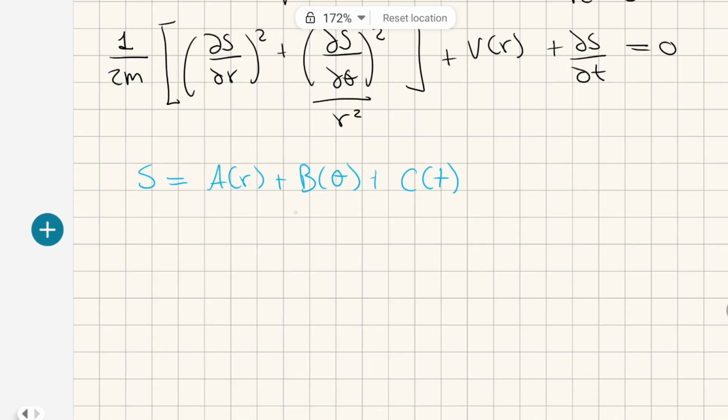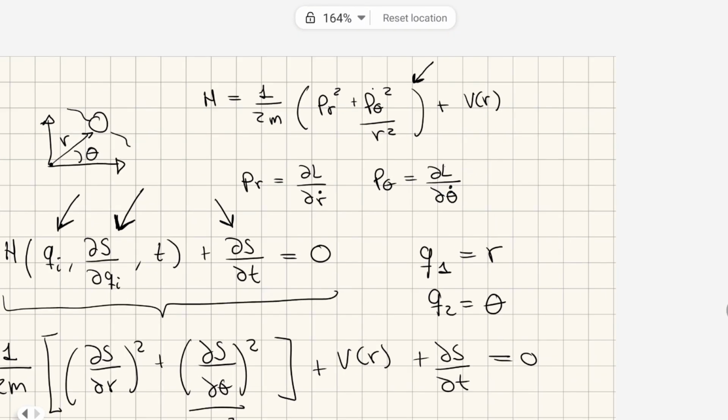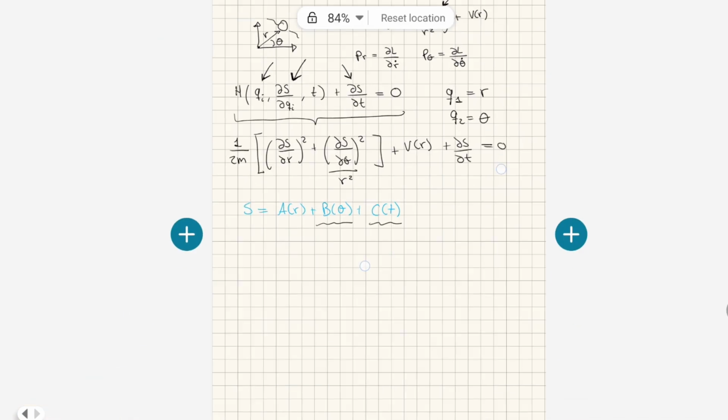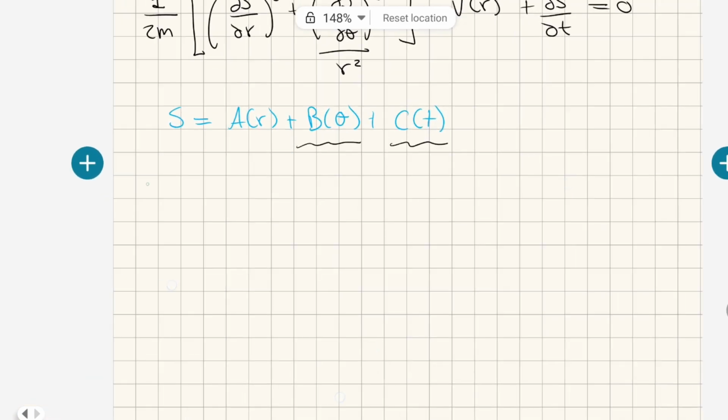So we can immediately see that B(theta) and C(t) are going to correspond to linear functions, because in our Hamiltonian we do not have theta and we do not have the time explicitly. So that means that S is going to get the form A(r) plus, let's say, p2 theta and then minus p1 t.